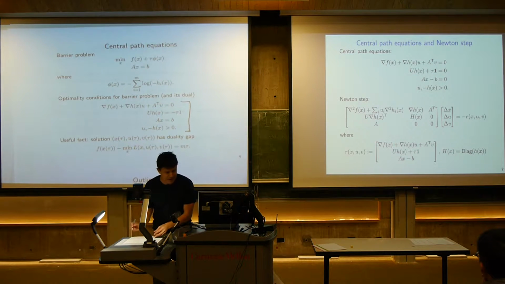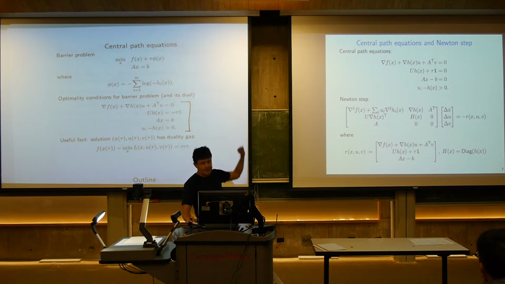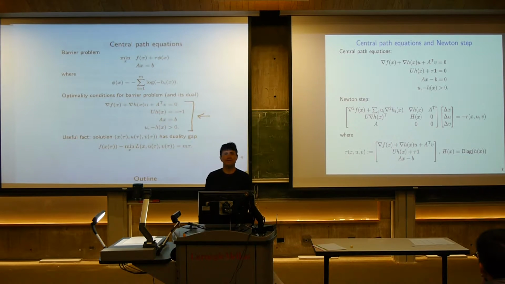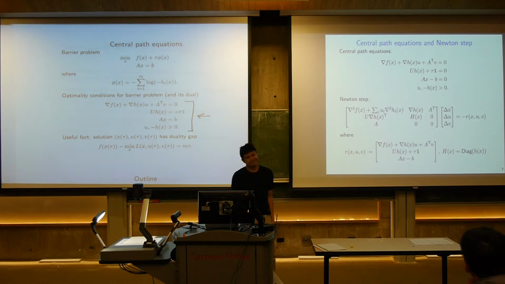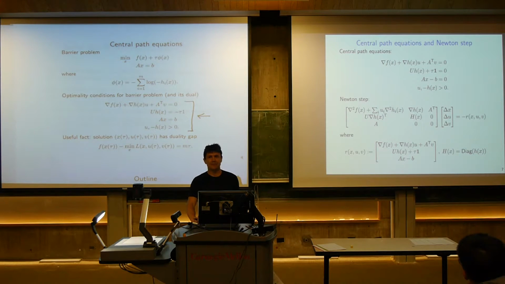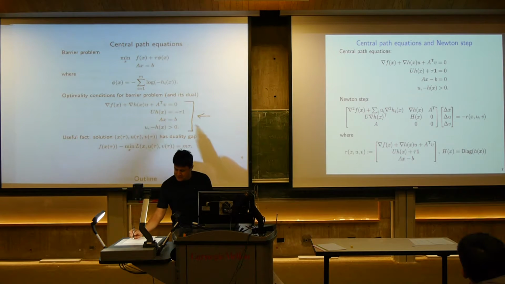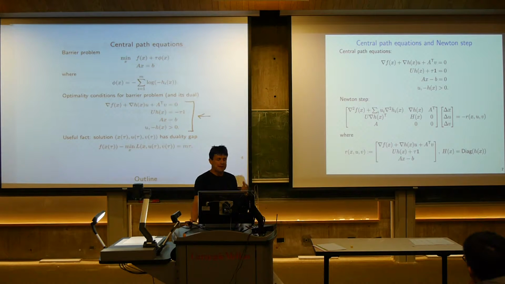Those are the central path equations, right? It's exactly the same equations I have here. I just moved everything to the left, just because that's going to be a little bit more convenient to describe the algorithm. But the central path equations there are just identical to the equations we had here. Those are the optimality conditions for the barrier problem.